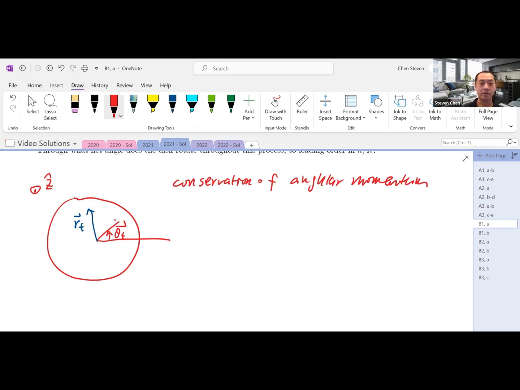So for the angular momentum of the disk, let me use I to denote the moment of inertia about an axis that is in the z direction and that passes through the center of the disk.